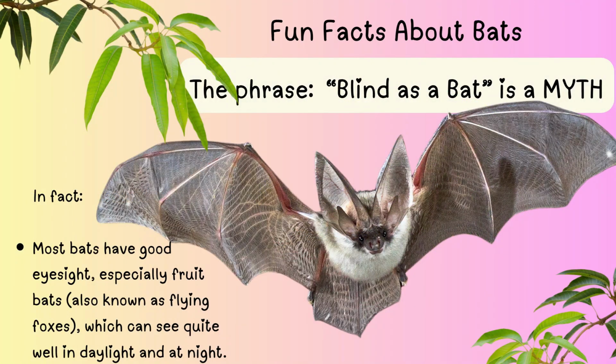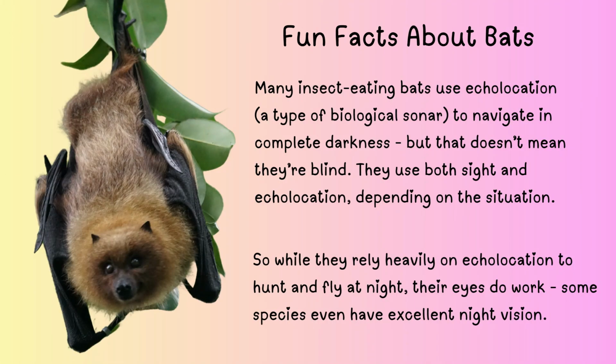Fun facts about bats. The phrase "blind as a bat" is a myth. In fact, most bats have good eyesight, especially fruit bats, also known as flying foxes, which can see quite well in daylight and at night. Many insect-eating bats use echolocation, a type of biological sonar, to navigate in complete darkness.